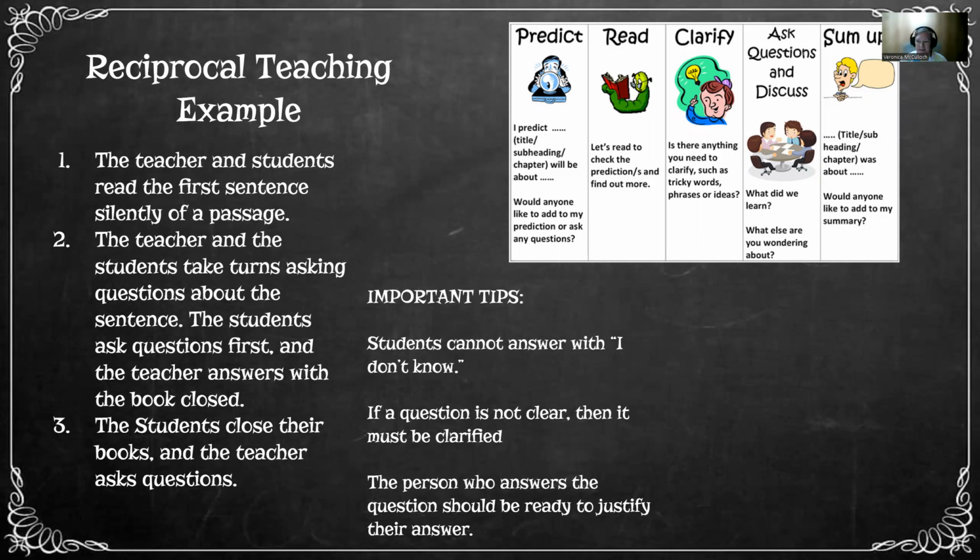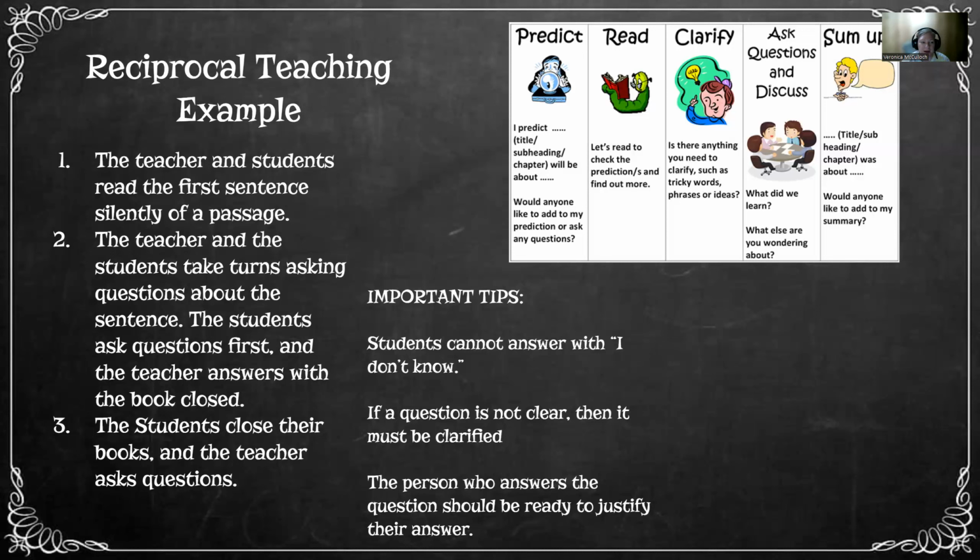There were two distinct strategies they were teaching. One is a reciprocal teaching strategy. If you were in your classroom doing this strategy, you would predict, read, clarify, ask questions, and discuss, and then sum it all up as a group.